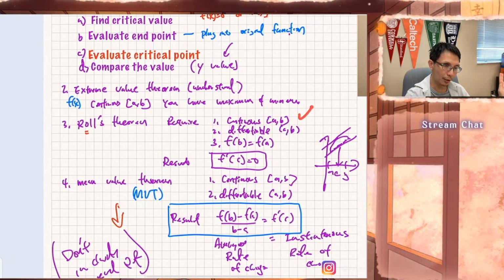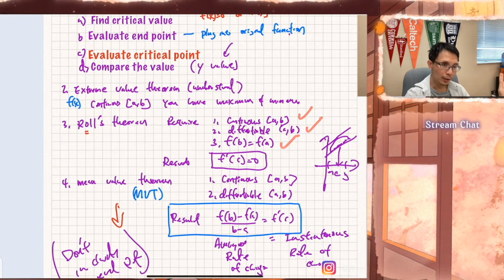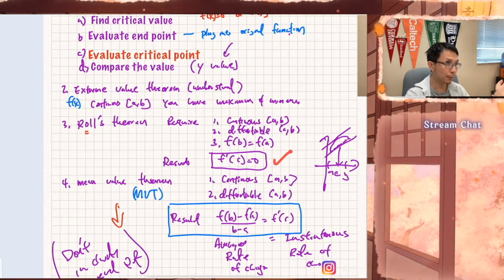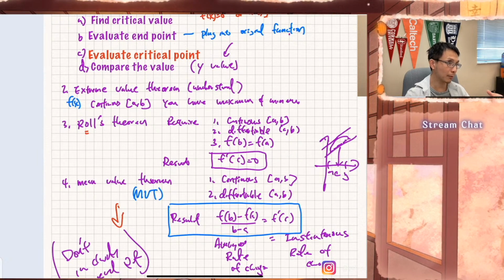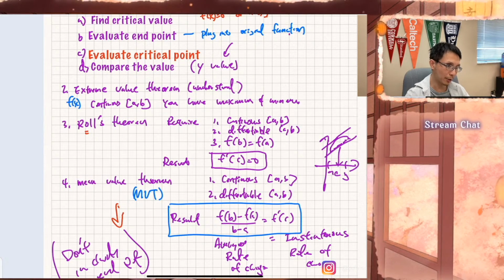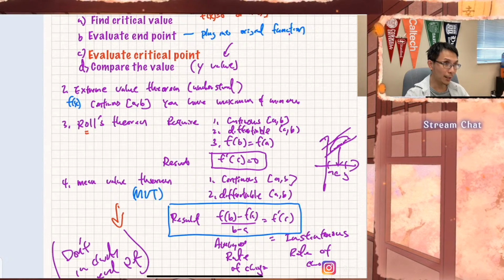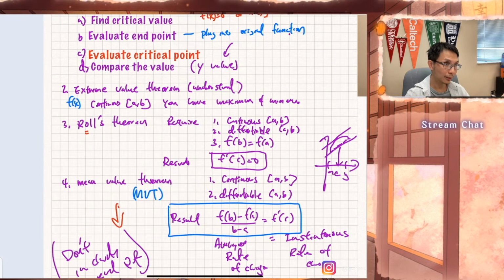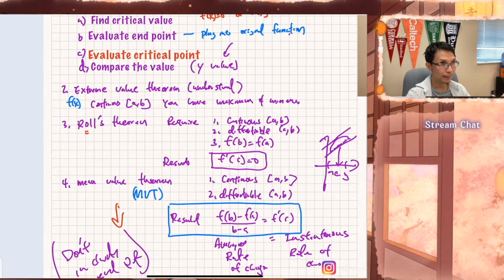Because the first condition has to be continuous and differentiable, and F(B) has to equal F(A), we're not looking for not differentiable. We just look at F prime of C equal to 0, which is a horizontal tangent. The other one could be a vertical tangent. Okay. Am I talking too fast? No, I understand it, but if you end up with undefined, then it is a critical value?